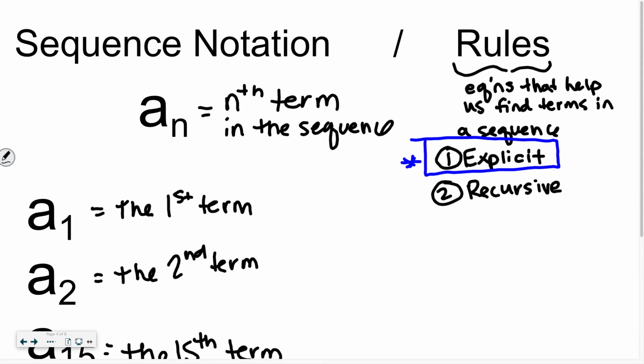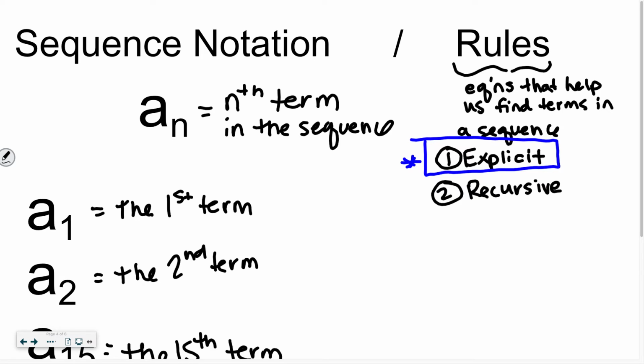Now, a recursive rule, the one we're not going to look at, but you might look at in Algebra 3 or in pre-calculus. Recursive rules sometimes can be really handy. They're sometimes easier to write than explicit rules, but they're harder to find terms. In order to do a recursive rule, you need the term before it to get the next term.